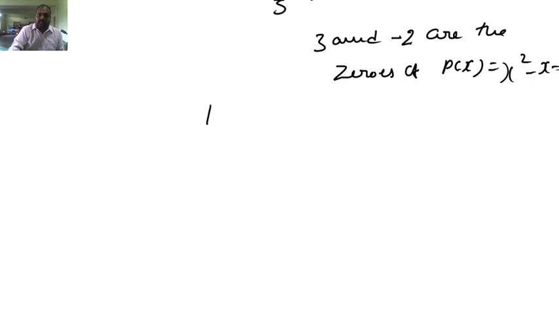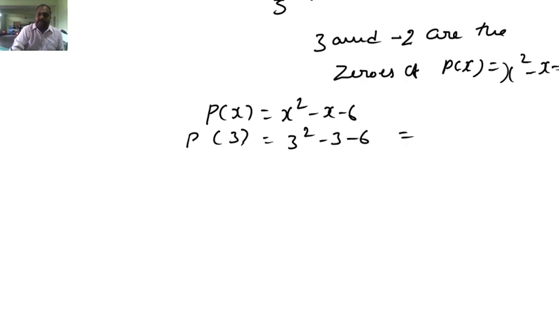Now p of x is equal to x square minus x minus 6. Substitute p of 3. 3 square minus 3 minus 6. 3 square means 9, minus 3 minus 6 means minus 9. Minus 9 plus 9 cancels.